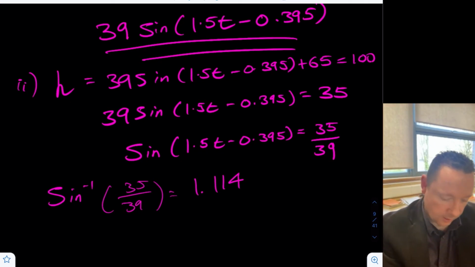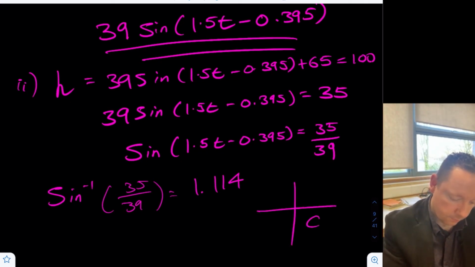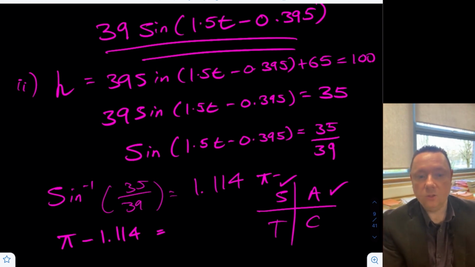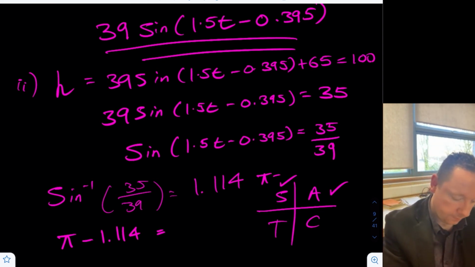And looking at our CAST diagram, sine is positive, so it's in the first and second quadrants, so that's pi minus the answer. So we can also do pi minus 1.114 to get a second solution, and that is going to be 2.03.